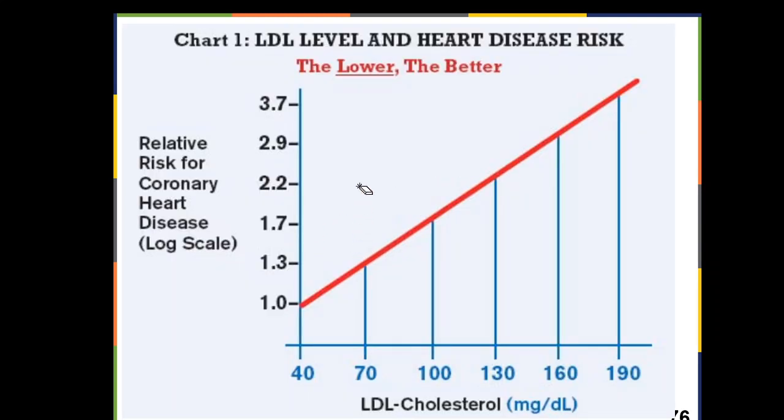So here is an actual graph of LDL versus what? Relative risk for coronary heart disease. 1 means the cholesterol doesn't add any risk of heart disease, and if it's higher than 1, then risk goes up.